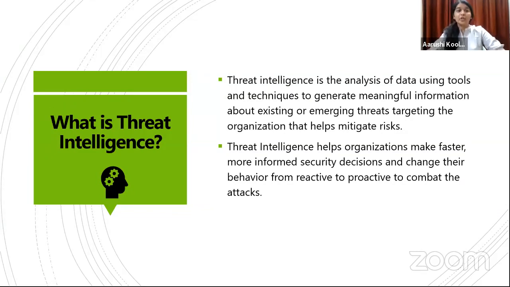So, what is threat intelligence? Threat intelligence is the analysis of data using tools and techniques to generate meaningful information about existing or emerging threats targeting the organization that helps mitigate risks. In threat intelligence, we basically analyze some data and search for existing or emerging threats, and we help to mitigate the risks before any cyber attack happens.